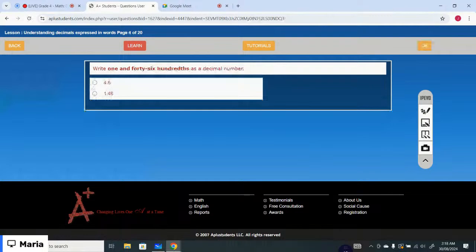Write 1 and 46 hundredth as a decimal number. Which is the correct option?